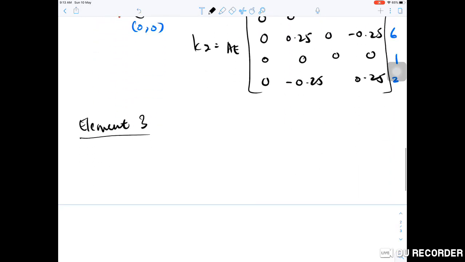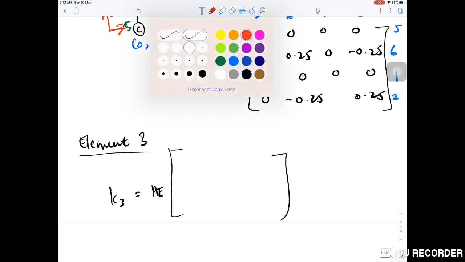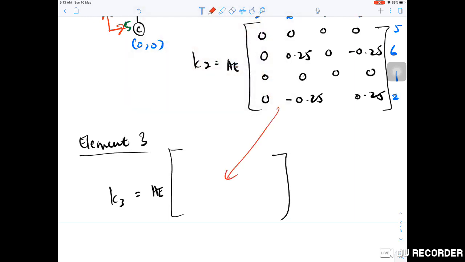So we will get K3 like this. AE, don't forget to put AE. It is the same value, the same, except the label.